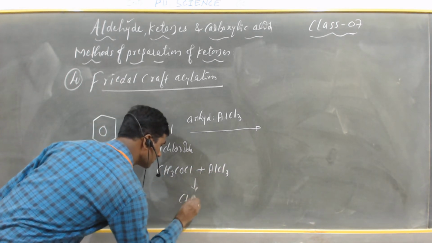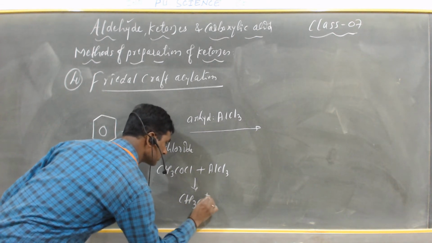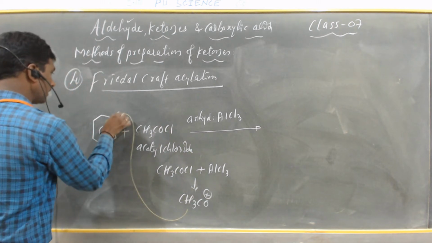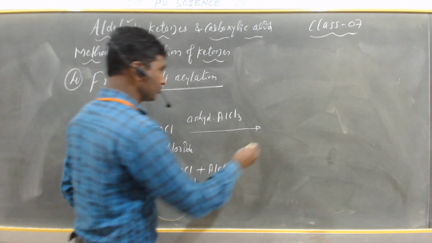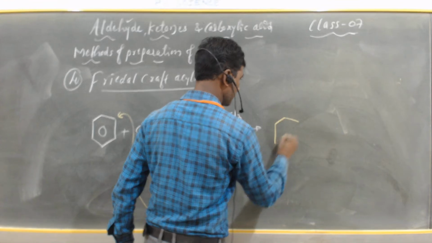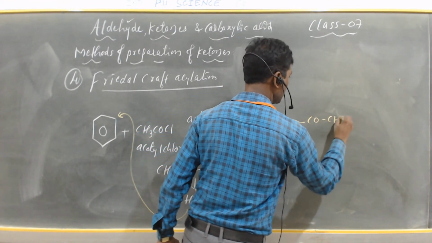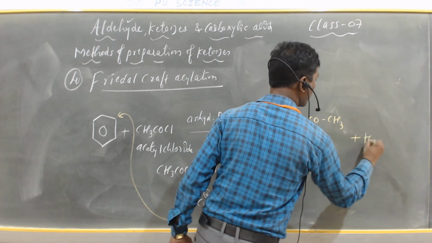It produces CH3CO plus. And the CH3CO plus substitutes hydrogen. So by this it gives C6H5COCH3 plus HCl.